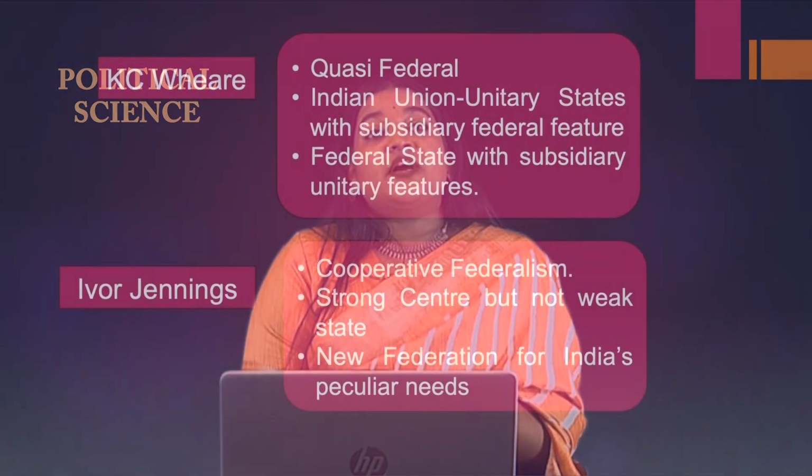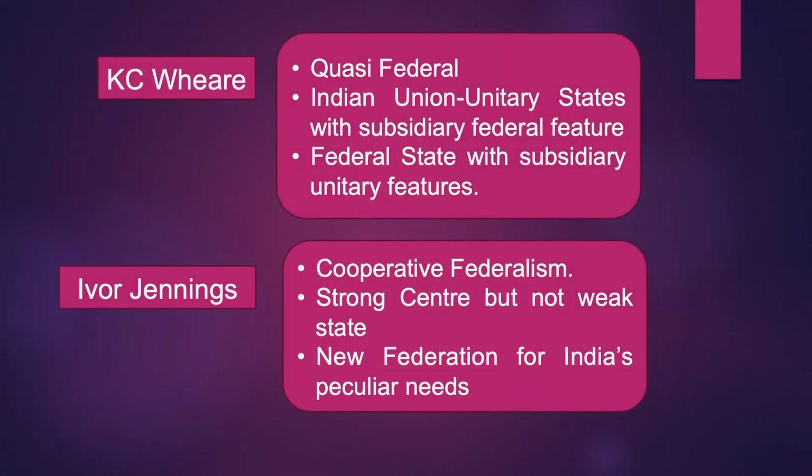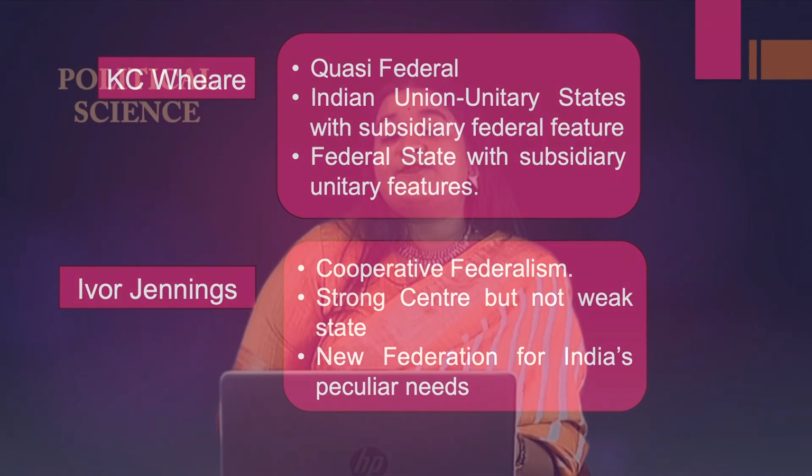Another jurist, Ivor Jennings, said that it is known as cooperative federalism, that the distribution of power has been done, but there is a sense of coordination between the central government, state government and the regional government. If any of the lists or any of the elements of those lists gets contradicted, each government cooperatively comes to a certain consensus, which is known as a new federation for India and its peculiar needs.